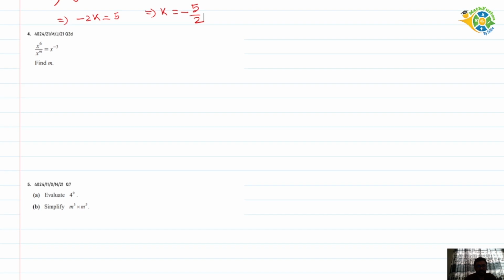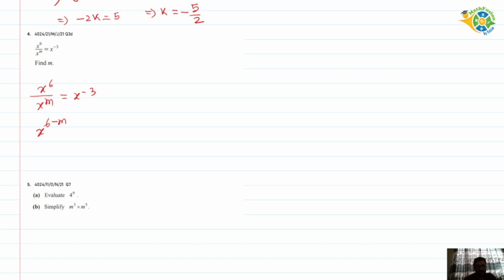So moving to the next question, they tell us to find m from this expression. The expression is x to the power 6 divided by x to the power m equals x to the power minus 3. So we will apply the quotient rule to the left hand side, so the power in the denominator will be subtracted from the numerator.